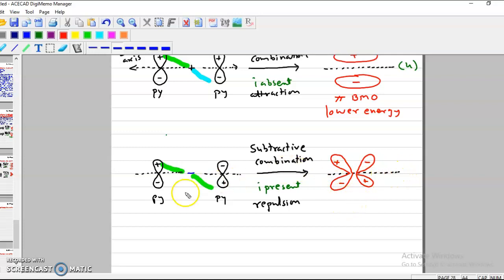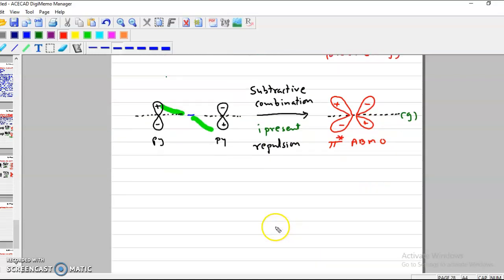But here, as I is present, this orbital is known as Gerade. And as it forms an ABMO, we call it pi star orbital, so it is a pi star anti-bonding molecular orbital. This way these types of molecular orbitals are formed.